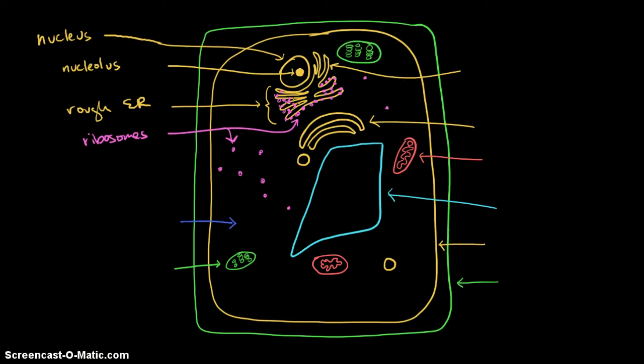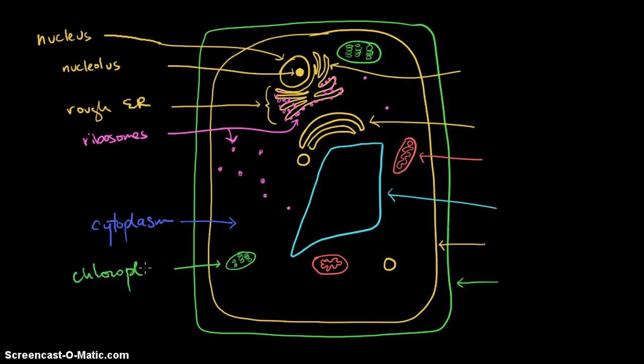That molecule will find its way to the ribosomes. Ribosomes read that and make the proteins that were based on the DNA that was inside the nucleus. So we've got some ribosomes on the rough ER and floating around in the cytoplasm. So our blue line here is cytoplasm.